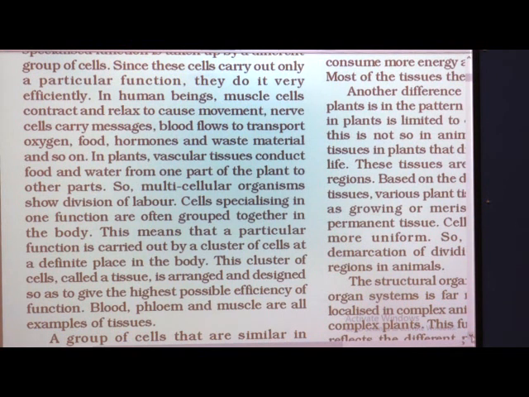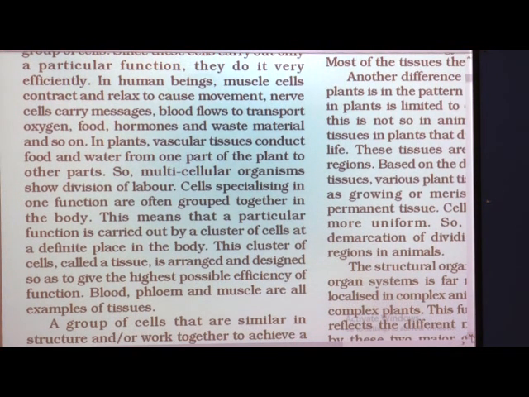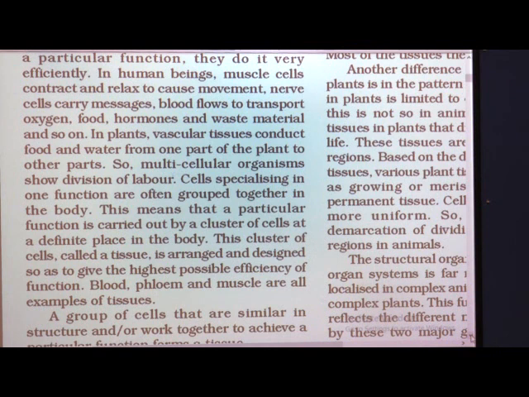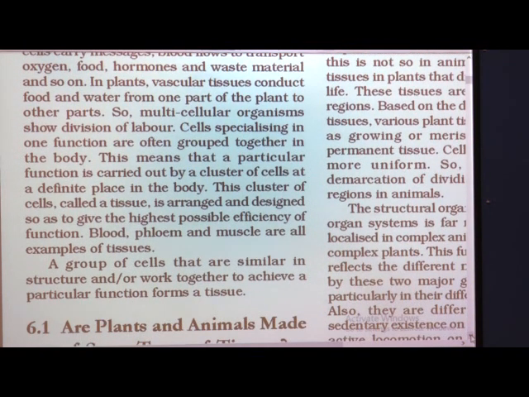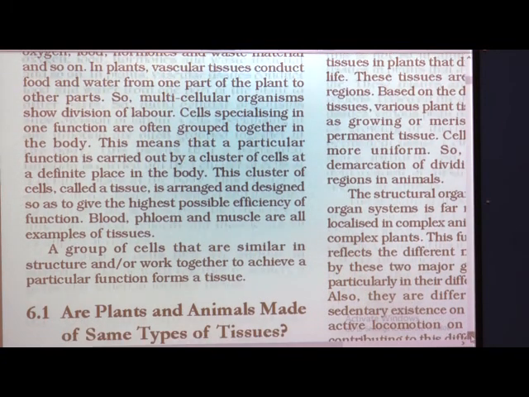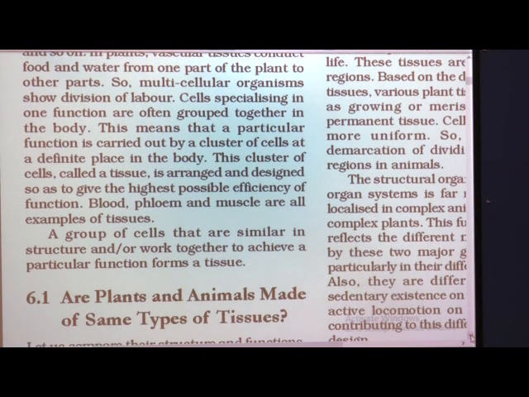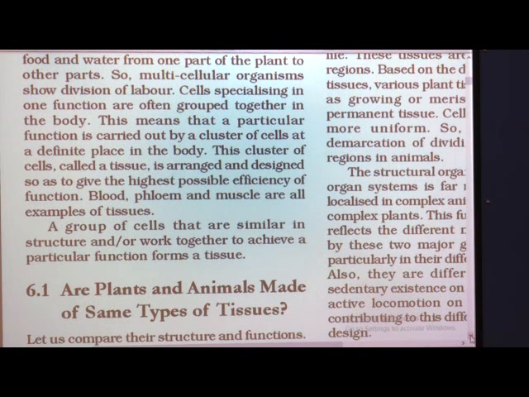So, what are these clusters of cells called? They are called tissues, and these tissues are arranged and designed in such a way that they give the highest possible efficiency of that particular function.